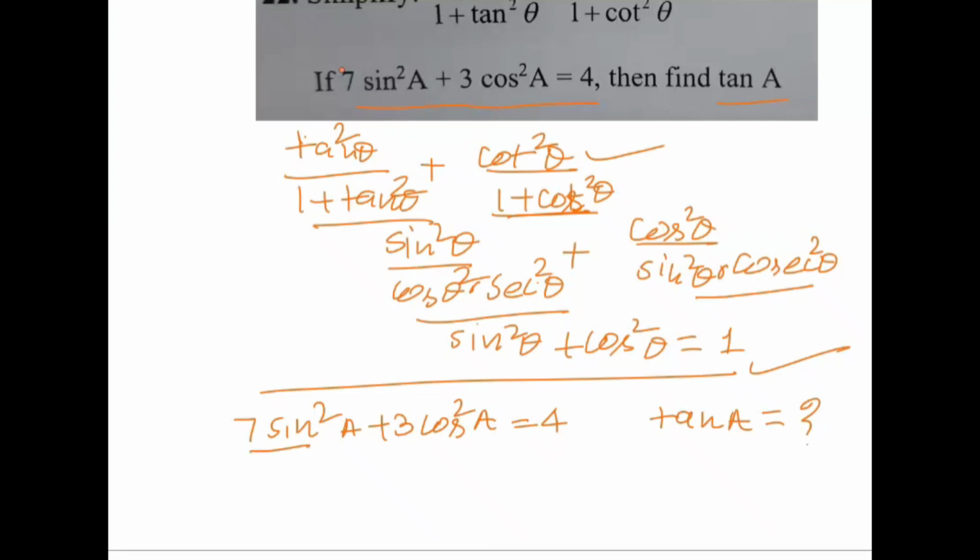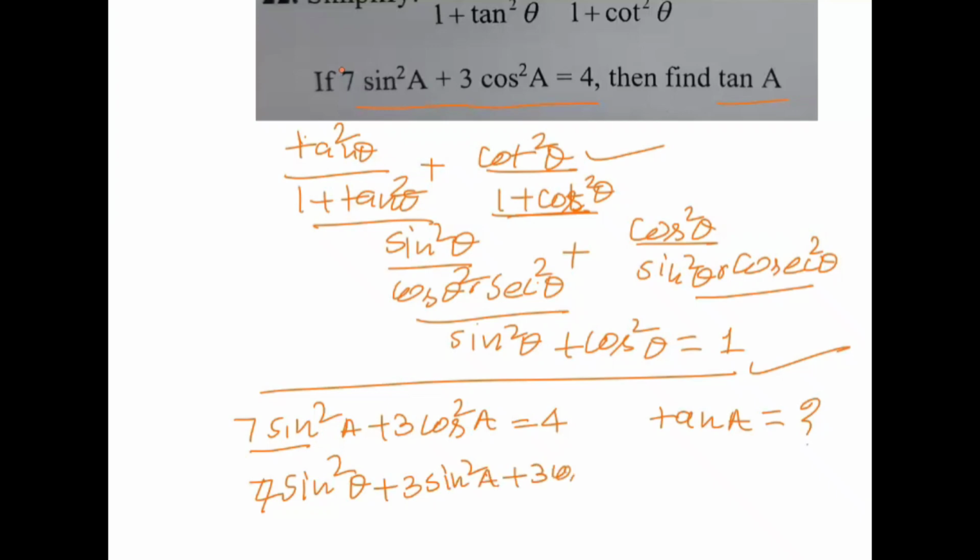This is written like 4 sin square A plus 3 sin square A plus 3 cos square A equal to 4. Okay, so this will become what? We are taking 3 common, so it is sin square A plus cos square A.